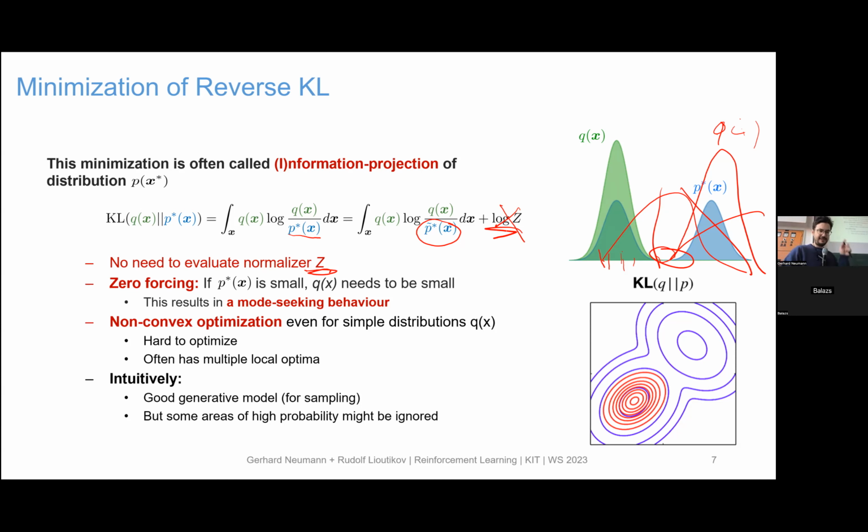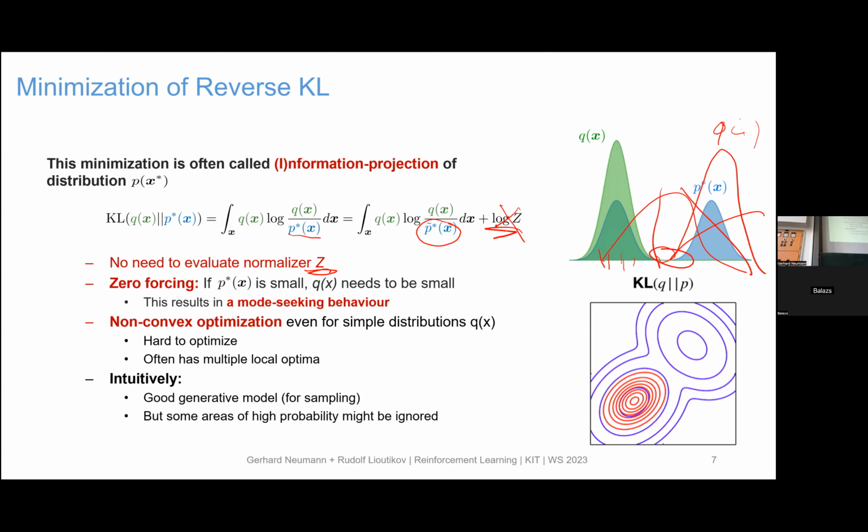And this reverse KL is actually the KL we are interested in when we talk about variational inference. Because of this property that it doesn't put probability mass of the approximated distribution somewhere where there is actually no probability mass of the target distribution.